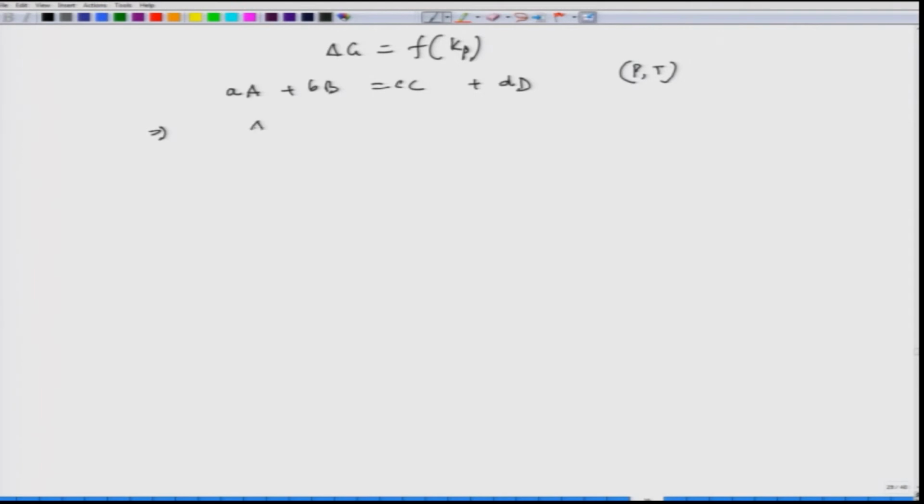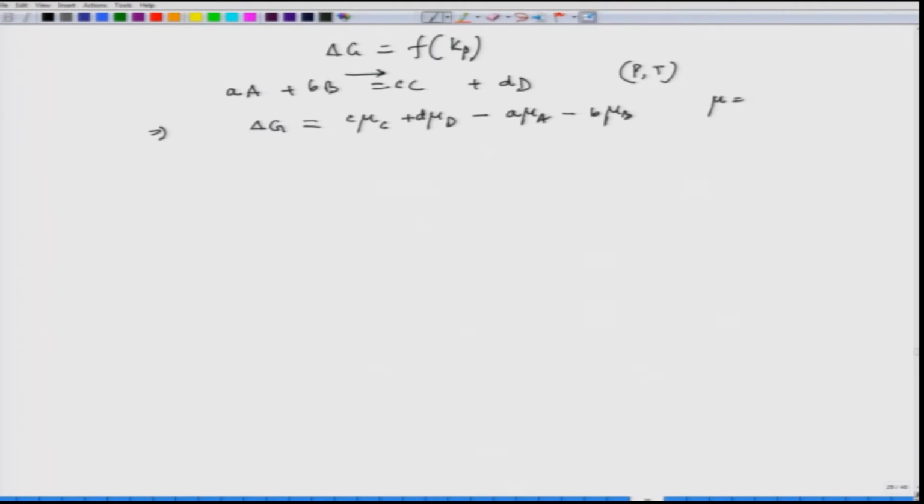start looking at the free energy change for this reaction. And if we consider the free energy change in this direction, then the free energy change would be mu of C plus mu of D minus A mu A minus B mu B. Now, the question is what is mu?